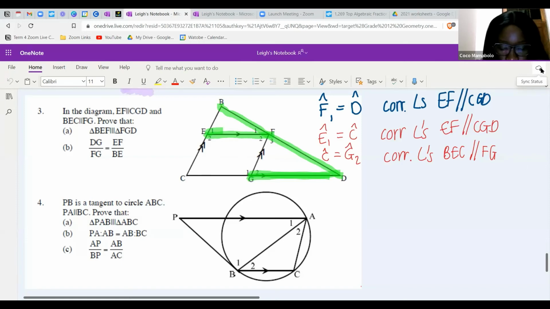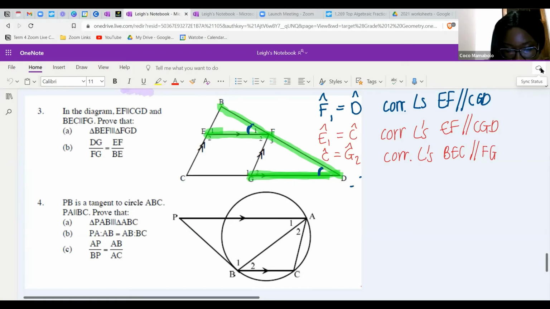All right, so if F1 equals D, angle G2 will be angle, angle, angle. That's right, Zia. Okay, so those two are equal. E1 and G2 are equal. So now we can conclude that B equals F3.